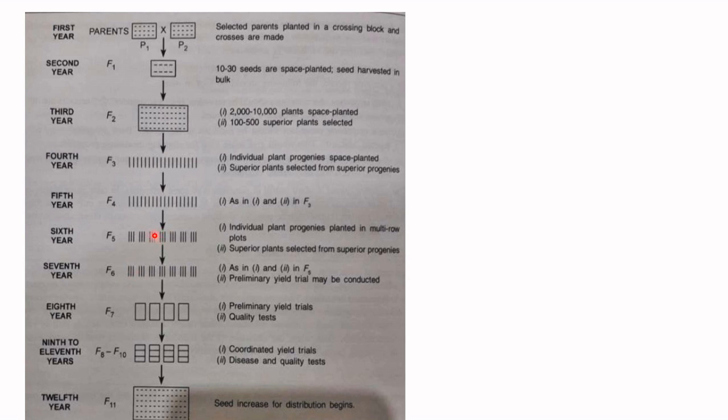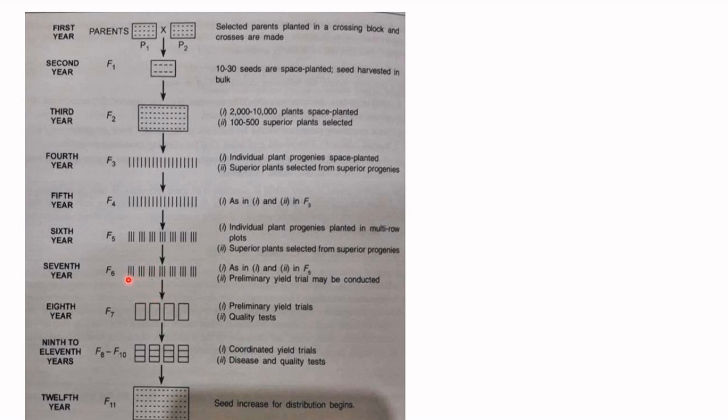And if there is a segregation, if there is a variation in this particular plot, those individuals which show homozygosity or homogeneity will have to be selected only, and those which are superior will have to be selected only, and we'll have to reject the inferior ones into F6 generations. And in F6 generations we are going to select those plots which are showing no segregation at all. And those plots which are showing little to more amount of segregation, we are going to reject directly.